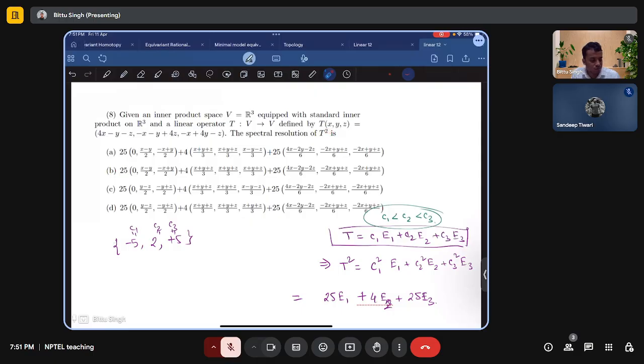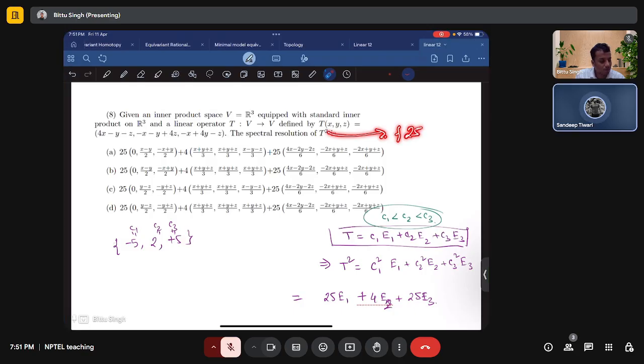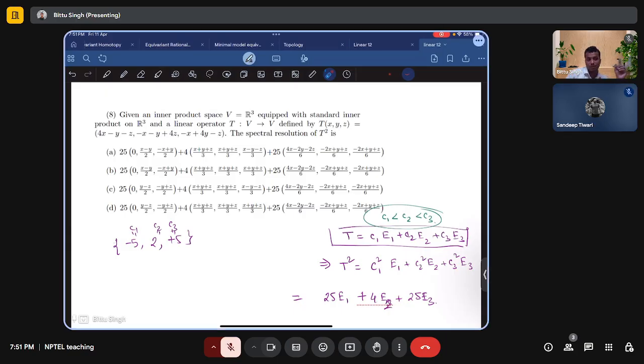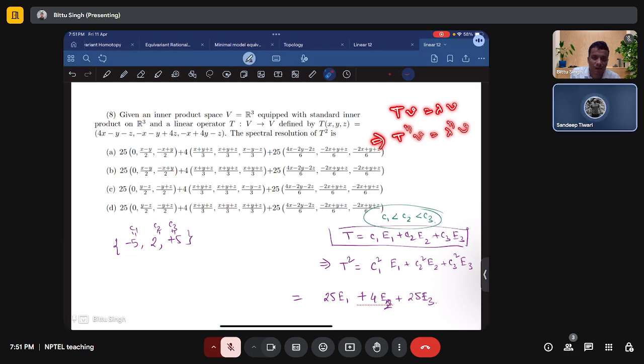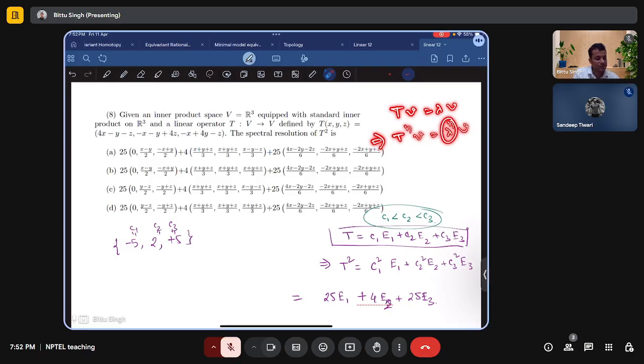If you directly calculate, then corresponding to T square there will be two eigenvalues. Whatever power of T we raise, the eigenspace will be the same as that of T. From here you can easily check that if Tv is the same as lambda v, then T to the power n v is the same as lambda to the power n v. Yes. But the problem is that these two different lambdas can merge. Yes, sir. That's the issue actually.